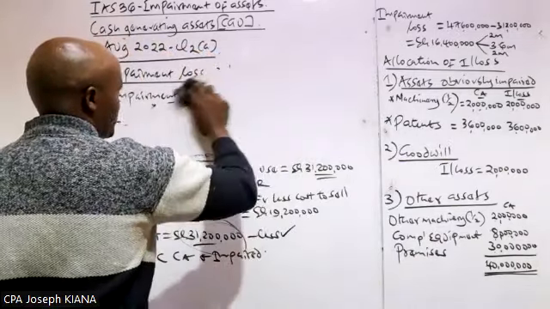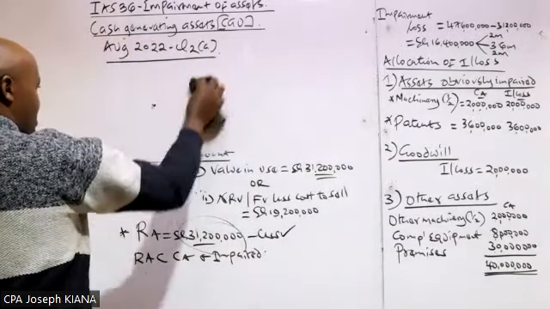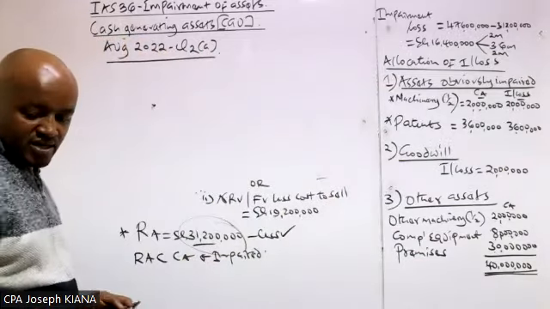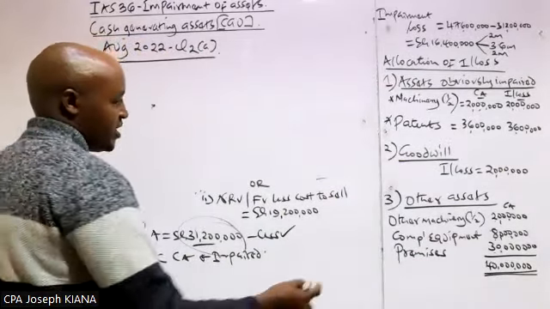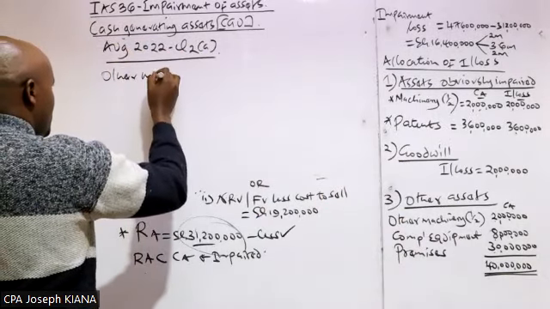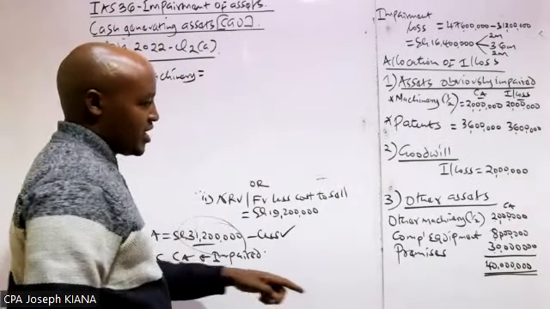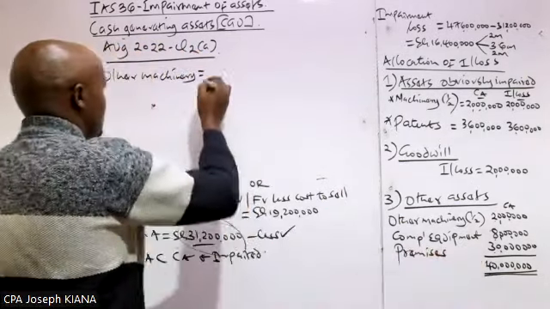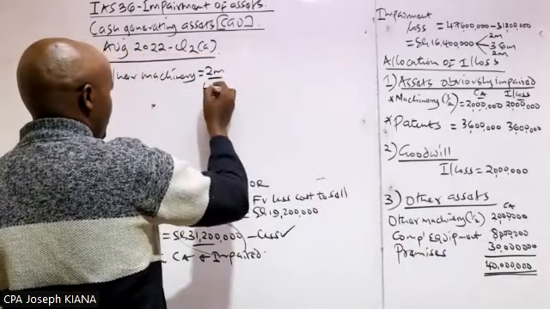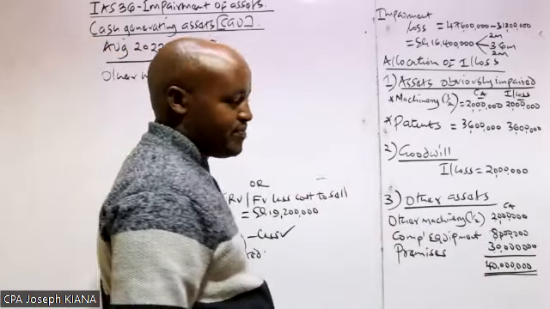So let's do that. We allocate the remaining impairment loss to the other assets. We start by determining the amount to be allocated to other machinery. This will be equal to its carrying amount, 2 million, over the total carrying amount of the 3 assets, 40 million, multiplied by the remaining impairment loss.